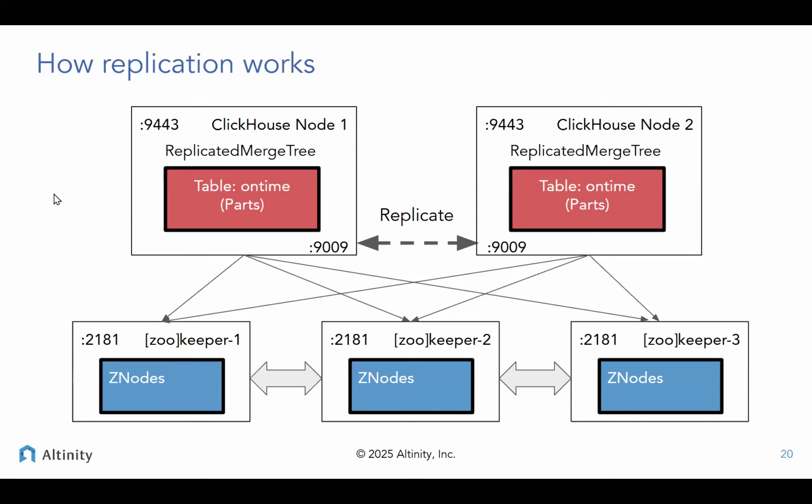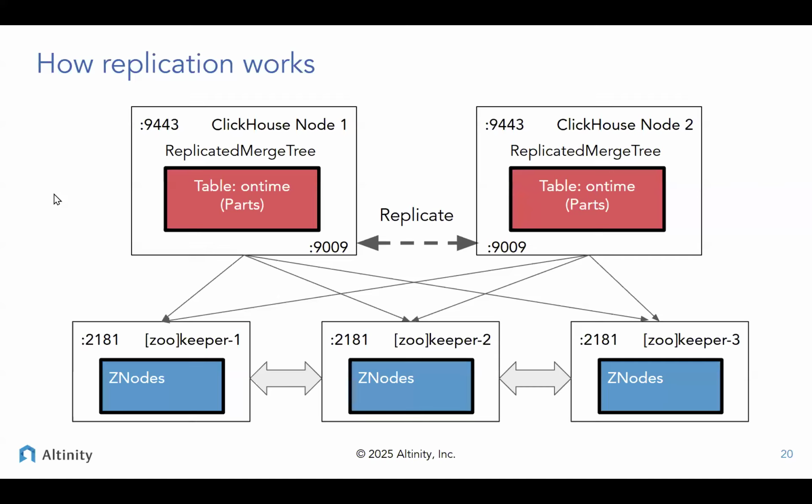Then the other servers, which are also listening on Zookeeper, will see these parts arrive, and they'll go grab them from the original server. They use port 9009, an internal port that's used for moving parts around.